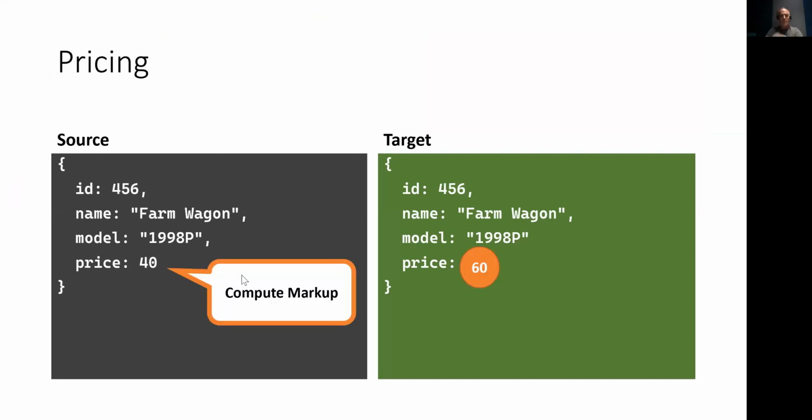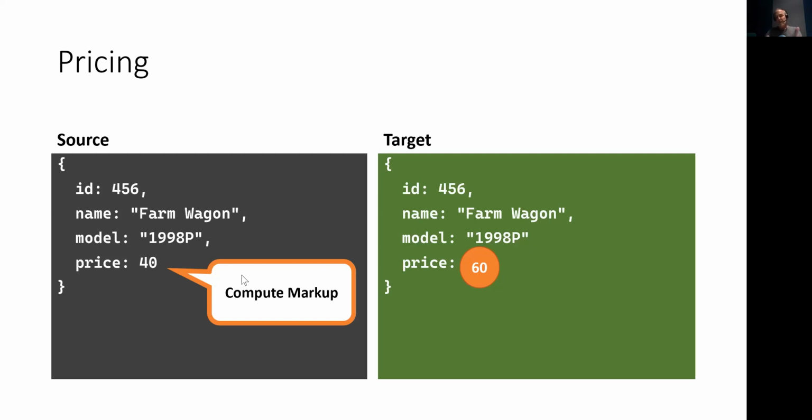Well, almost straight through. If you notice, the price that I have from the vendor is not the price I'm going to sell it at. So there needs to be some kind of transformation that knows how to take the source price and add the markup to it. In this case, who knows what that markup is? Can I reverse engineer it from looking and seeing that it's 60?